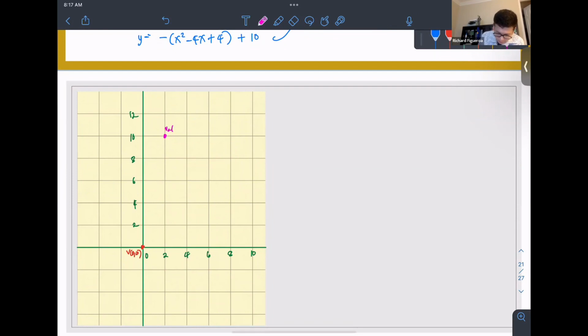So this is the second vertex, (2, 10). First is (0, 0). But again, you can actually graph the parabola using the focus and the endpoints of the latus rectum. But then those points won't be used.